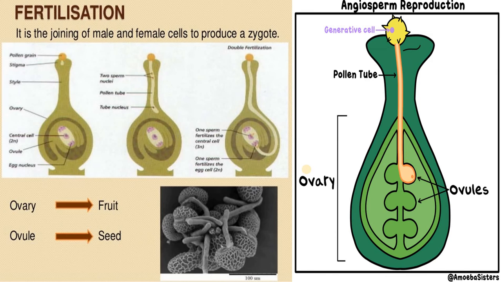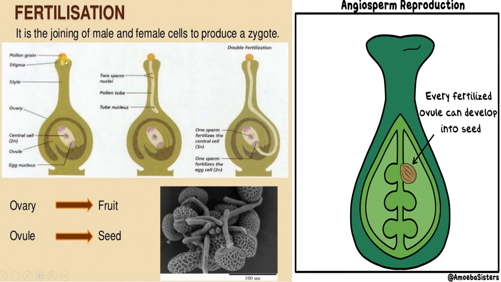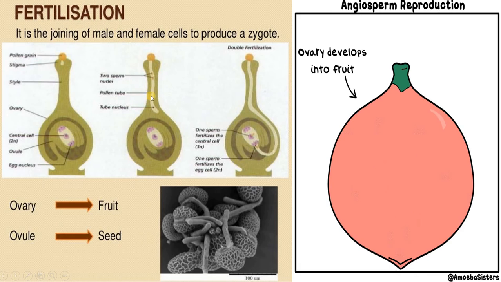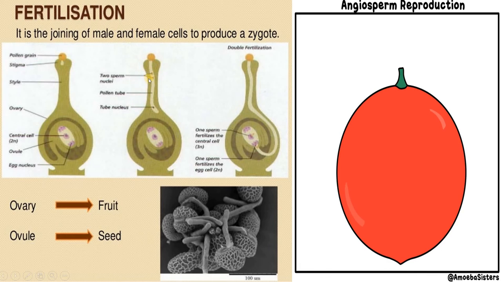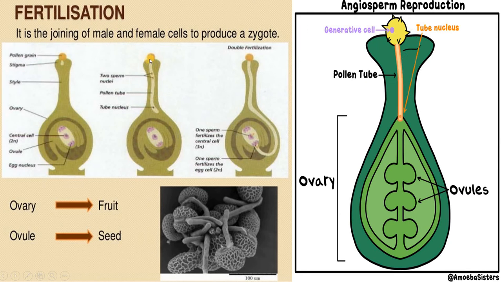Now, how does this process of fertilization take place? It takes place as follows. When the pollen grains fall onto the stigma of the pistil, here you see, just follow my cursor, the pollen grain forms a pollen tube. The pollen grain is forming a pollen tube downwards through the style to the female gamete in the ovary. The male gamete, or male nucleus, moves through the pollen tube.